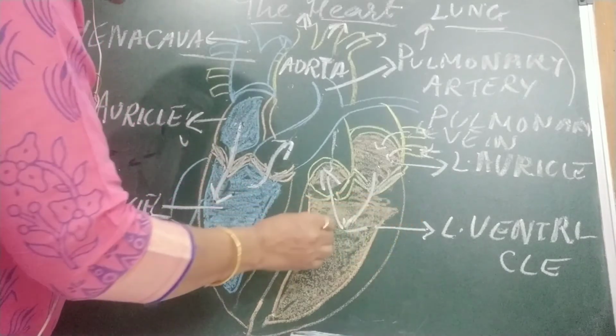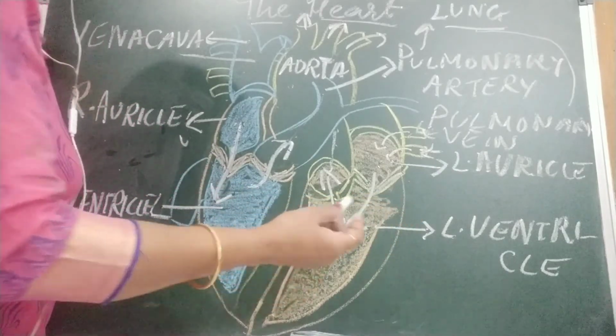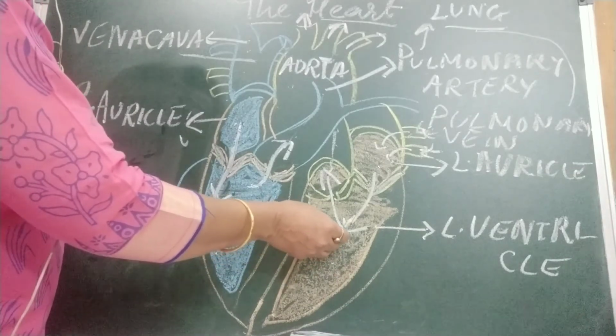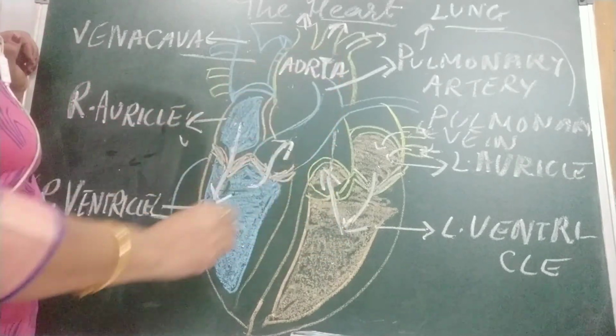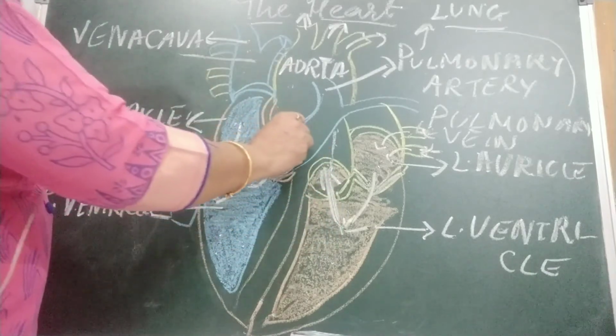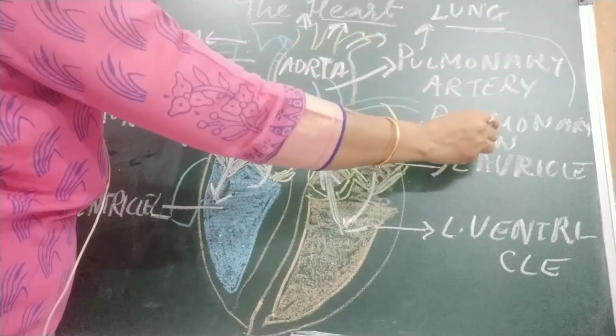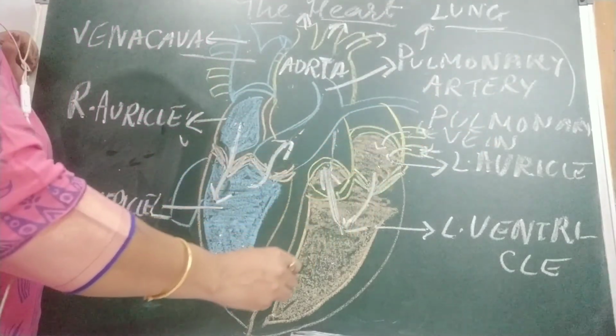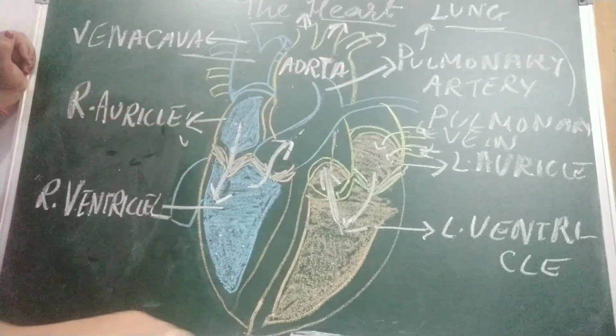And from the left ventricle, when it is contracting, the oxygenated blood will go to the aorta. So from here it will go to the lung, purification will take place, and it will come to the auricle. This way our heart functions.